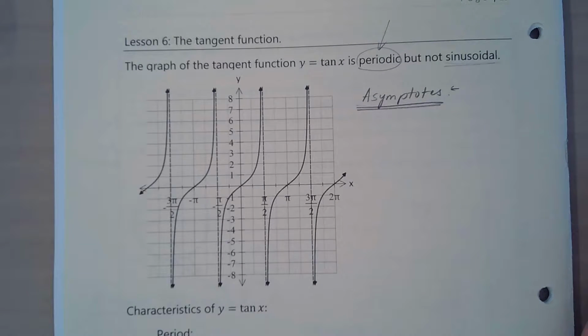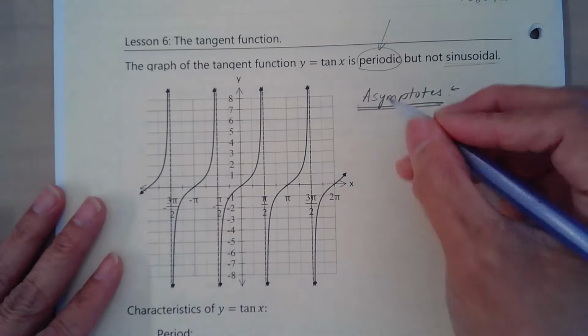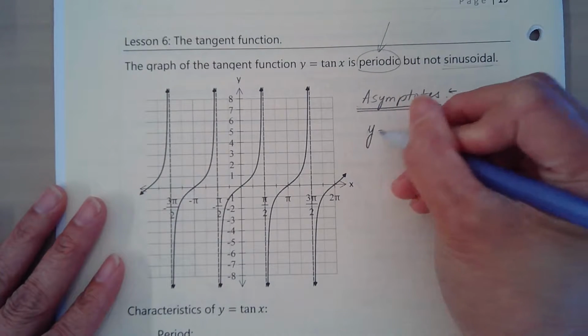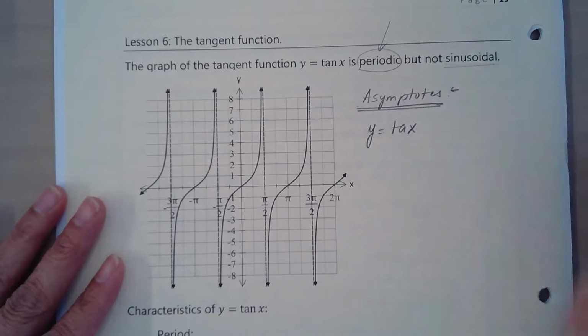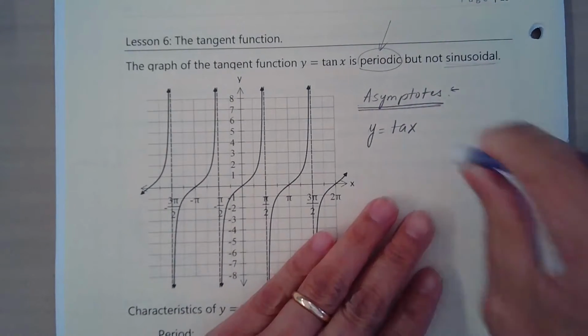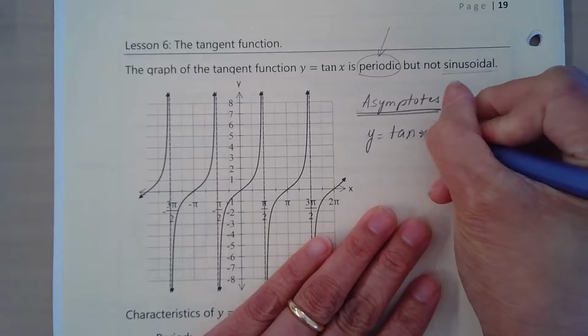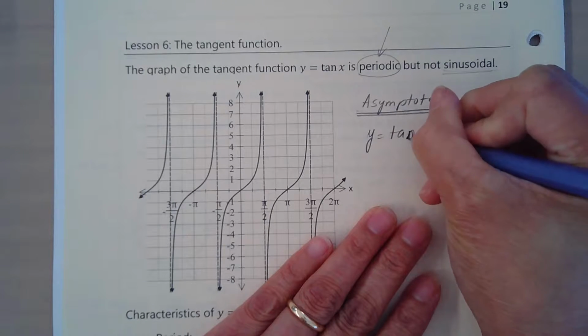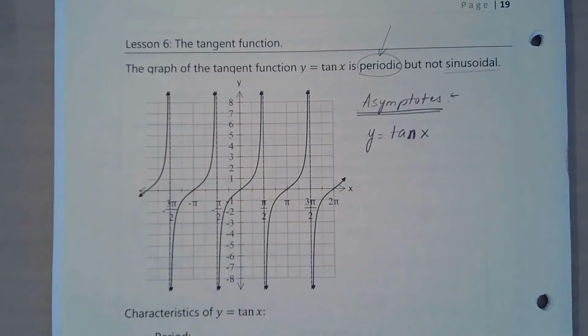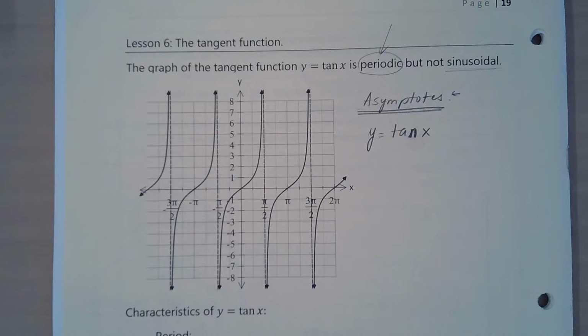And what's going to equal 0? Let's see. We know y equals tan of x. Yeah, it's tax season. y equals tan of x.